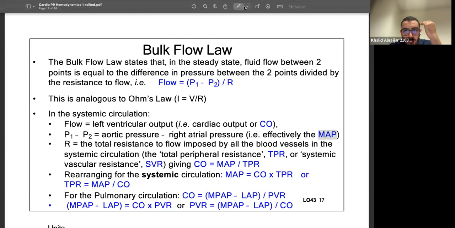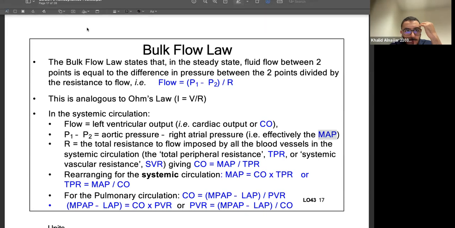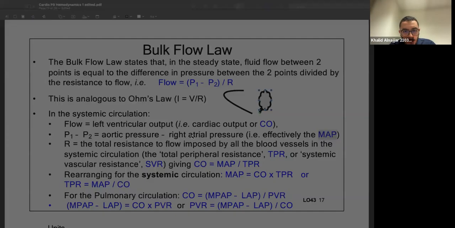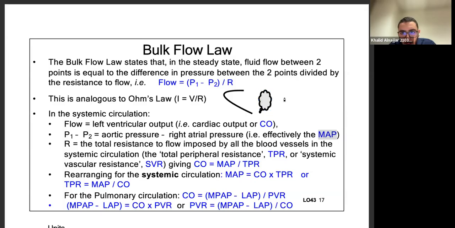Am I right? Let me check. Yeah. So you get CO equals, I think I picked up figures, but I hope you're understanding it. MAP over resistance.